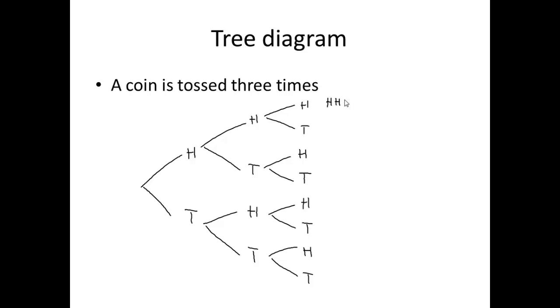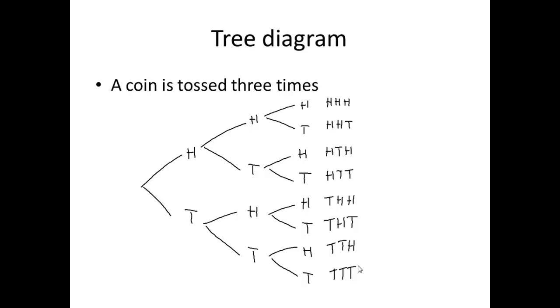Well, I've got head, head, head; head, head, tail; I'm following along the arrows. Head, tail, head; head, tail, tail; tail, head, head; tail, head, tail; tail, tail, head; tail, tail, tail. And you say, well, what's the probability associated with each of these?